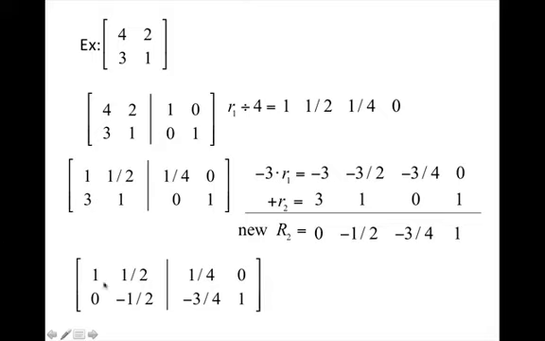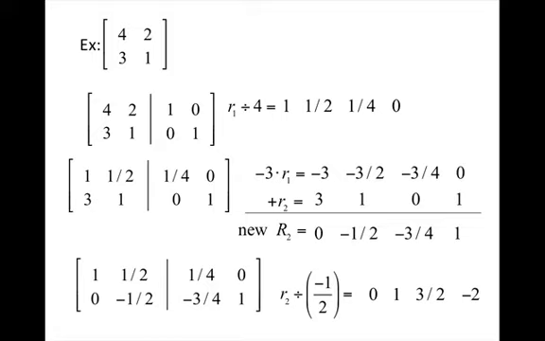Now that I have column 1 as I want it, I move on to column 2. I need the -1/2 to become a 1. So I'm going to divide row 2 by -1/2. And again, I encourage you to use your calculator for these fractions. Always give the answers as improper fractions. Don't give mixed numbers and don't give decimals. So 0 divided by -1/2 is 0. -1/2 divided by -1/2 is 1. -3/4 divided by -1/2 gives me 3/2.